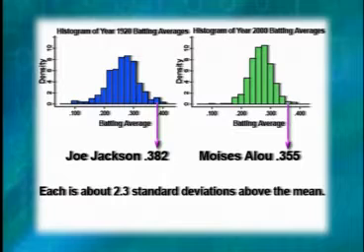So in a way, Joe Jackson's performance relative to his compatriots in 1920 is comparable to Moises Alou's performance of 355 in the year 2000, even though the batting average here was only 355 and the batting average here was higher, 382. Both of them are 2.3 standard deviations above the mean.